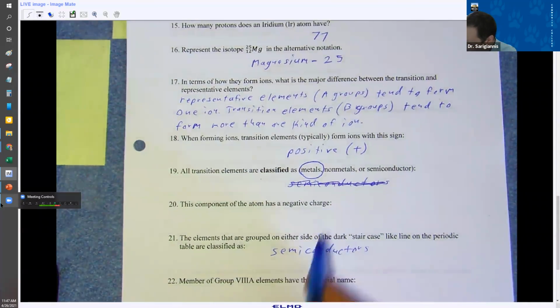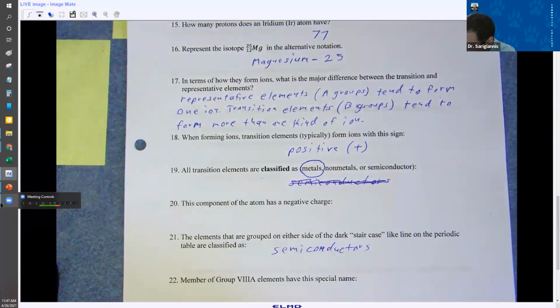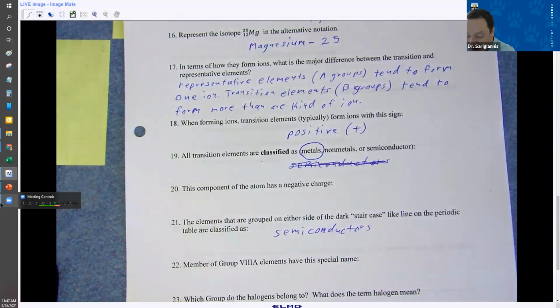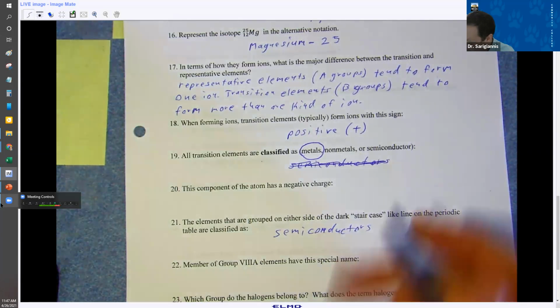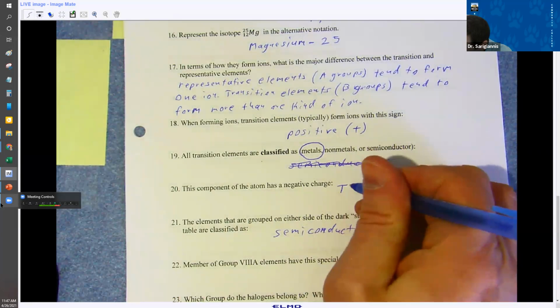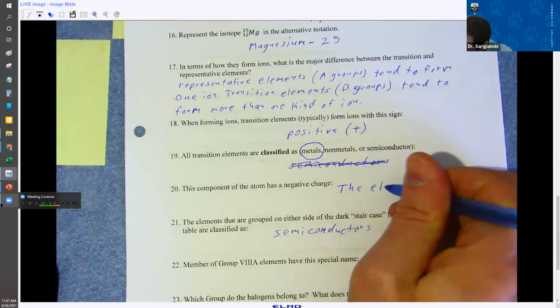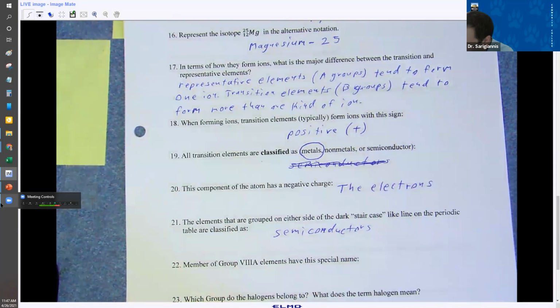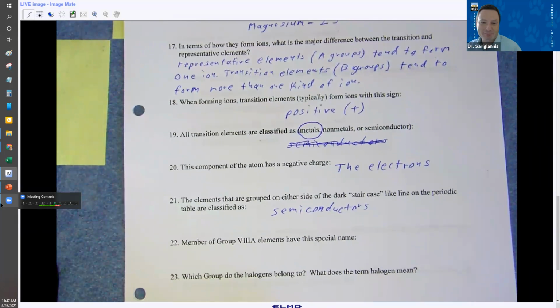I only wrote semiconductors because I obviously wasn't paying attention. The component of the atom that has a negative charge, I think, again, we've all seen this. I remember taking out some repeats from the polls, but not adjusting the packet because I had already made up the packet.